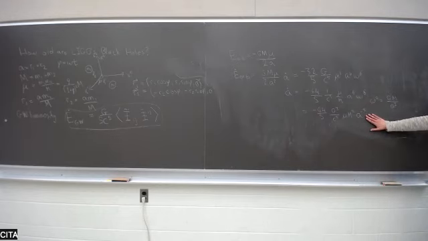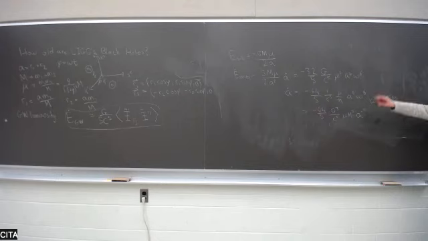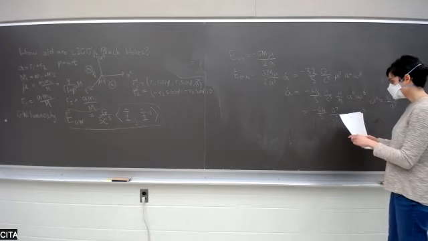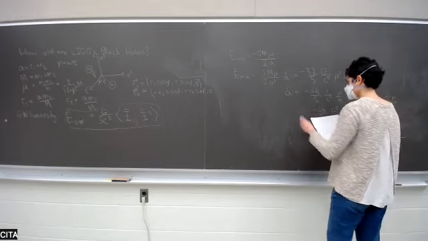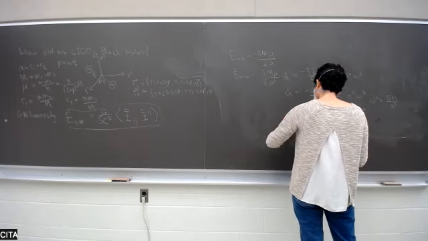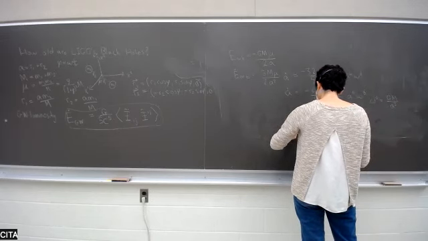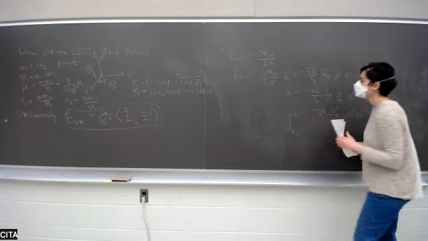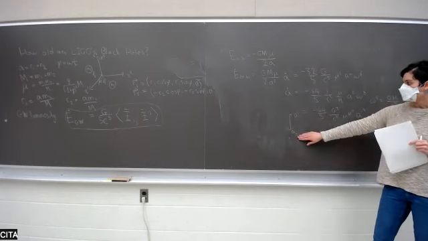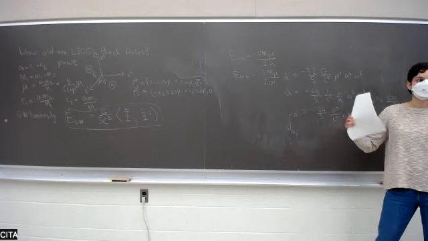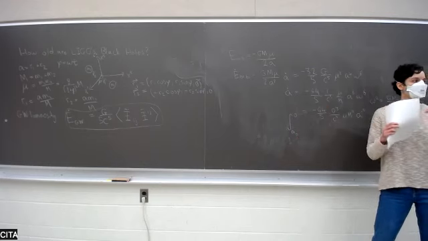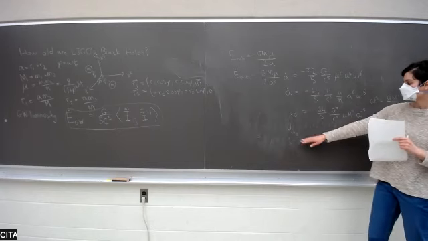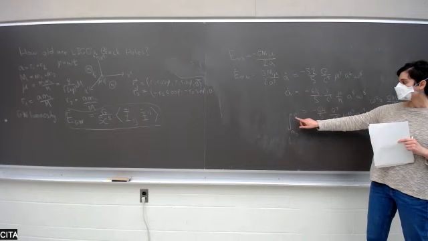Okay, so now if we want to know how long this binary takes to merge, that's the coalescence time. We can just integrate out the time. Basically what we're doing is starting from an initial A, treating these black holes as really point particles, so they don't have horizons, ignoring that finite size effect, and just taking the evolution from A naught to 0.